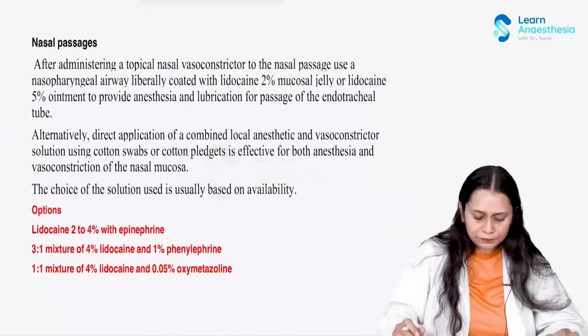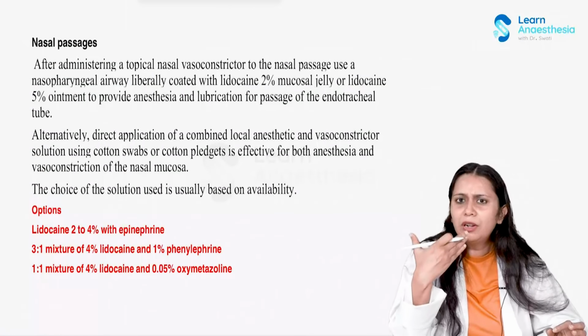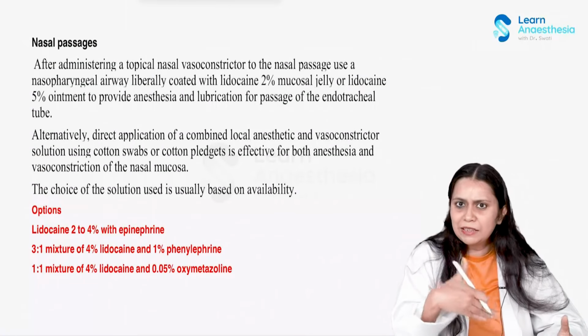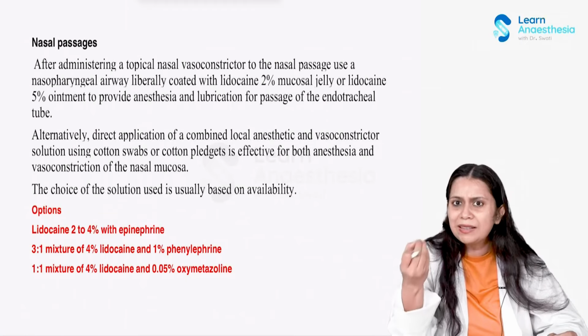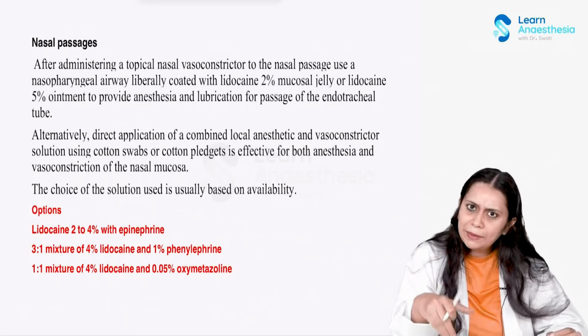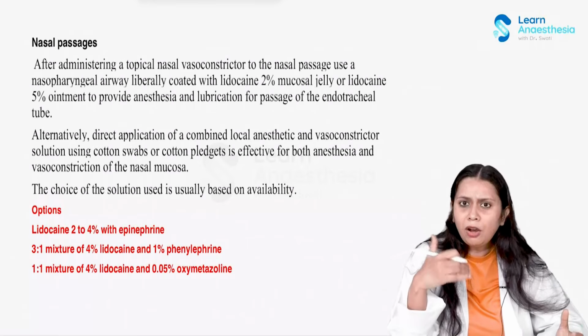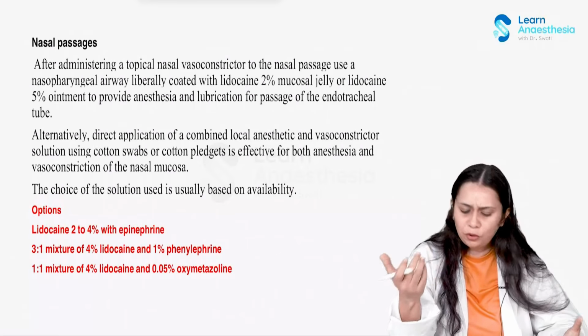Okay. Now, if I am going for nasal fiber optic, as in my case, then, as I said, the nasal passages should also be anesthetized. By nebulization, it can be done, or we can do it with some topical application of local anesthetic.